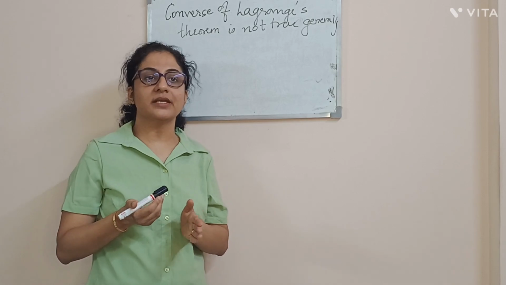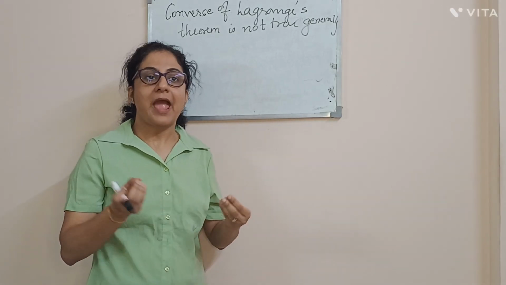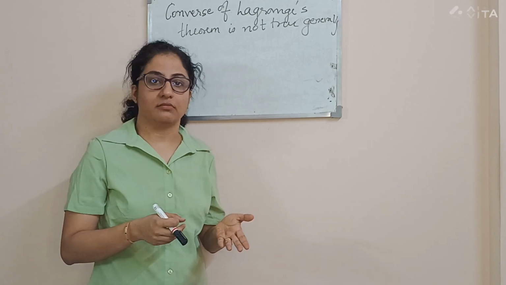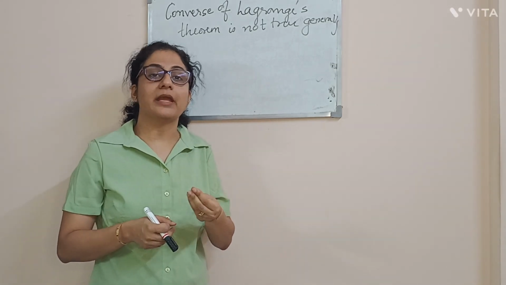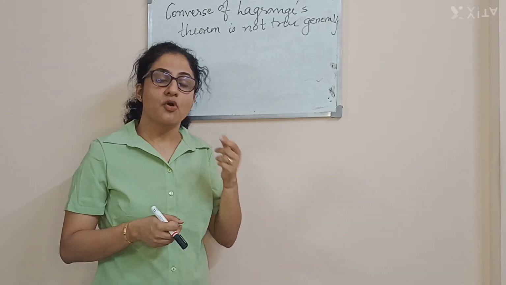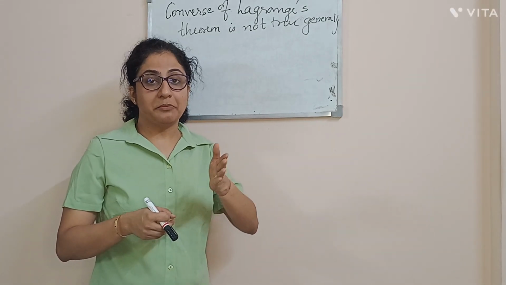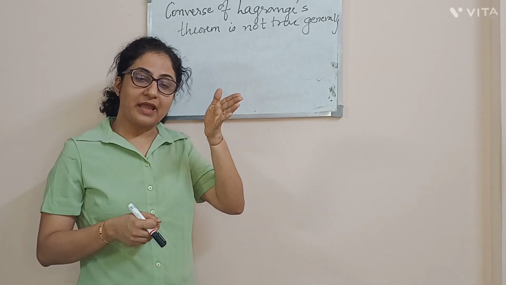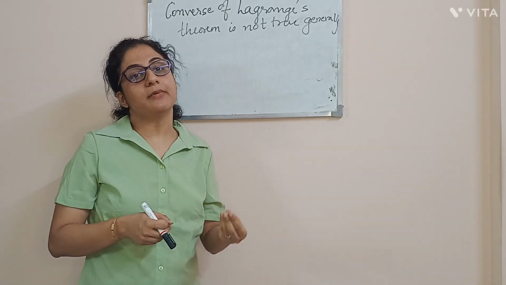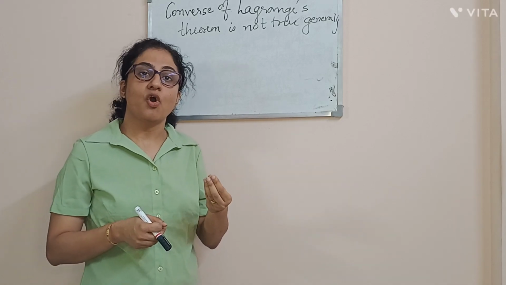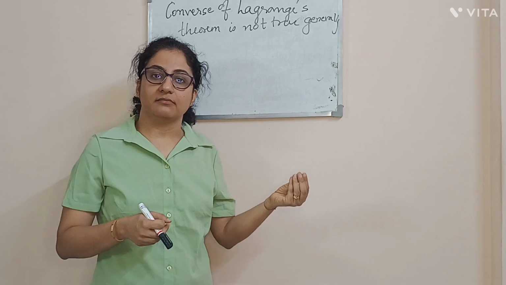So what I want to say is that if G is a finite group and let's say its order is n and k is some factor of n, it is not necessary that you would be able to find a subgroup of G whose order is k. It might be the case that k divides n, but we would not be able to find some subgroup of G which has order k.